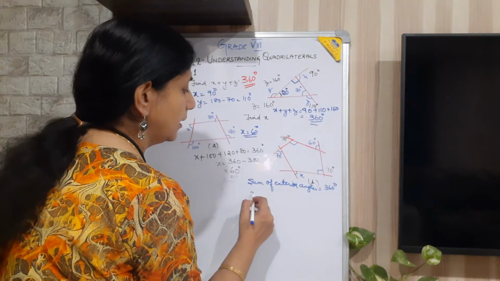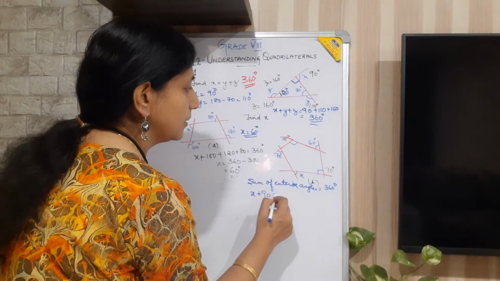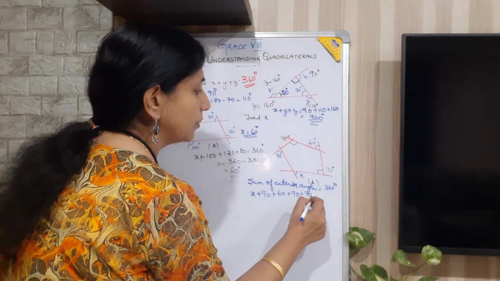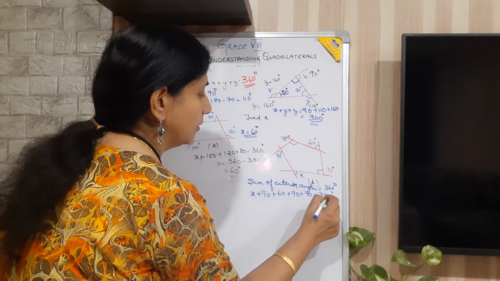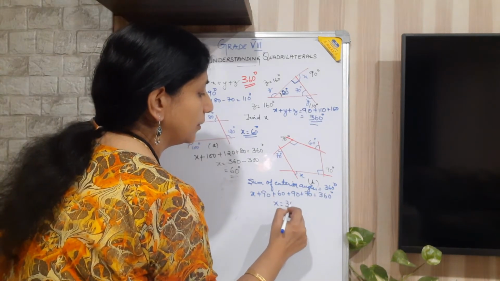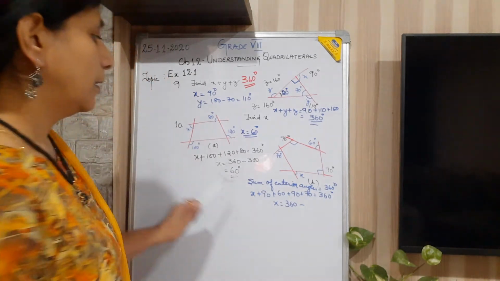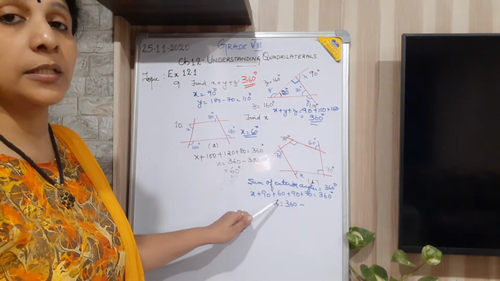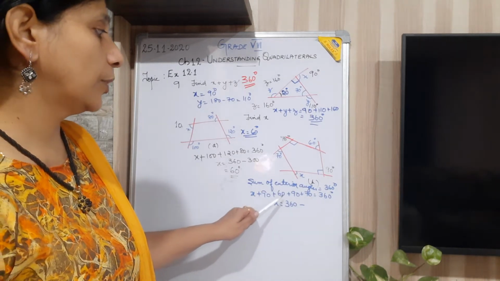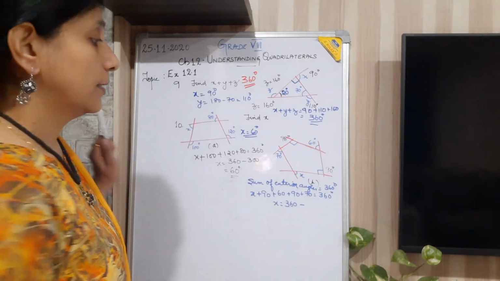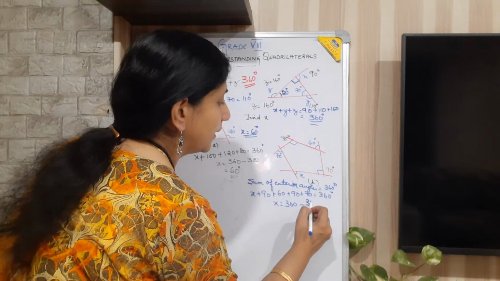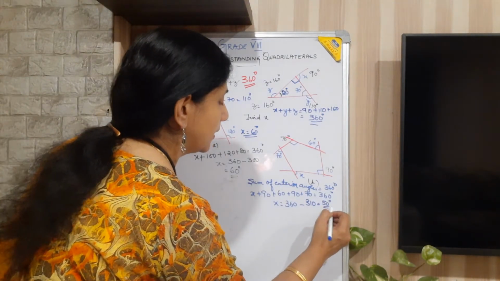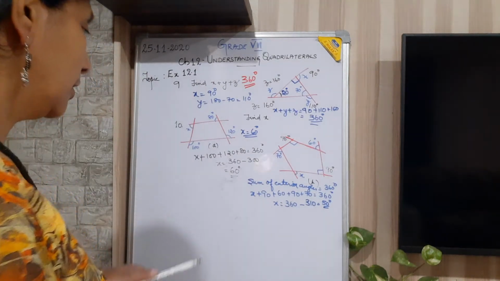So it is x plus 90 plus 60 plus 90 plus 70 equal to 360 degree. So what is x? X is equal to 360 minus 90 plus 90, 180, 180 plus 60, it is 240, 240 plus 70, it is 310. So it is 50 degree. X you got it as 50 degree.